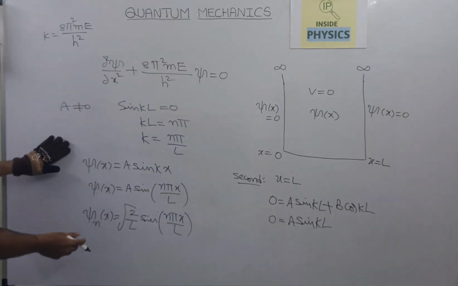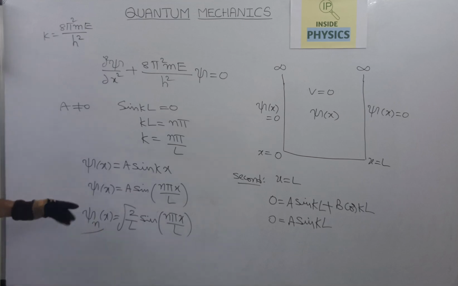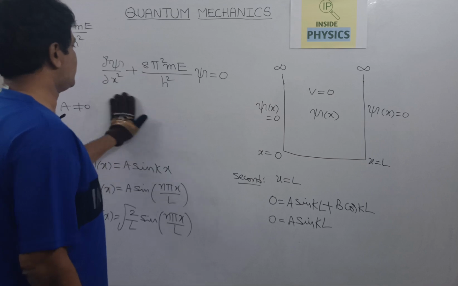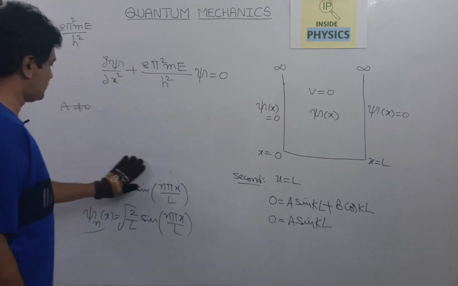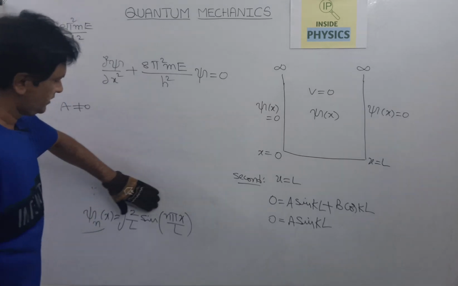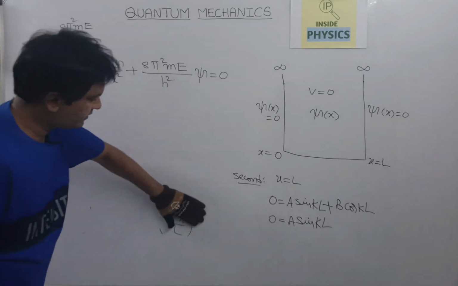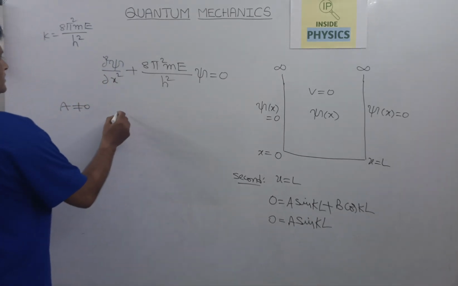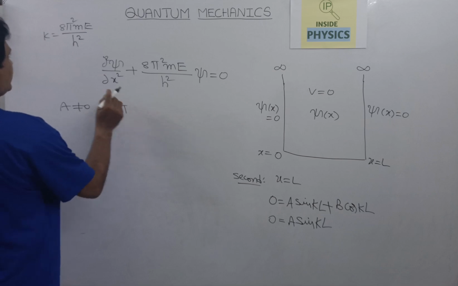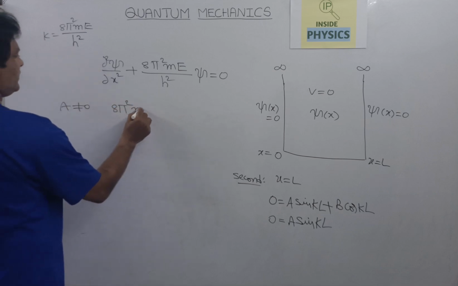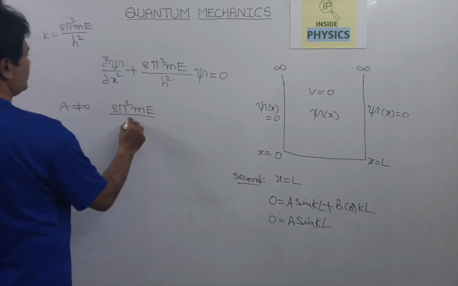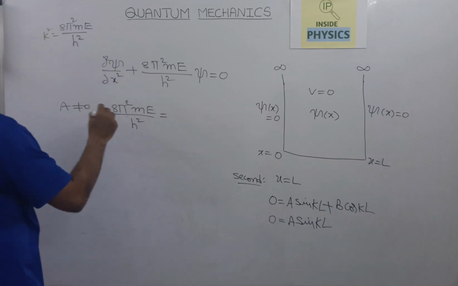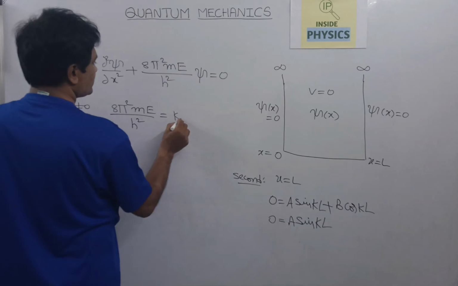So this normalization and finding the value of A will be seen in the later sessions. For now we will move to the calculation of energy levels for the particle inside a potential well. So we can write from this 8 pi square me by h square is equal to k square.